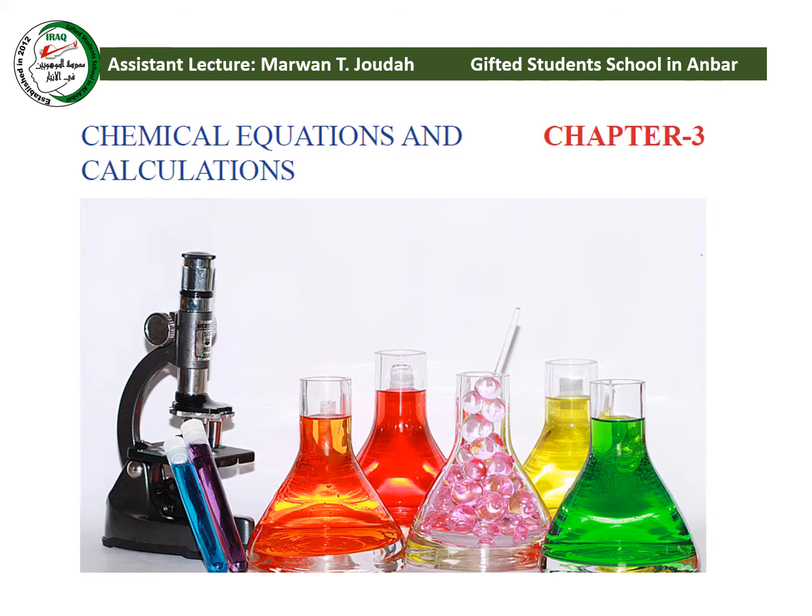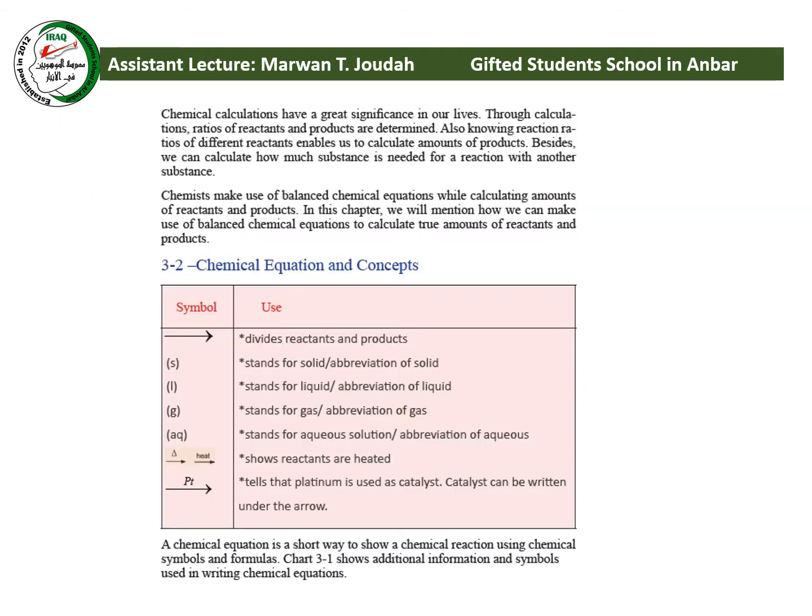So let's get started. First of all, what is a chemical calculation? Let's say that you are trying to make a drug, okay, legal drug or a medication or any chemical compound or a substance. After that, you are going to calculate or find out the percent yield.